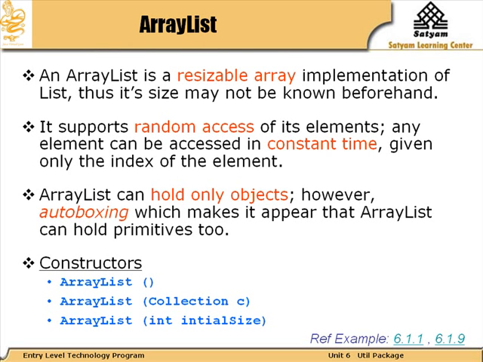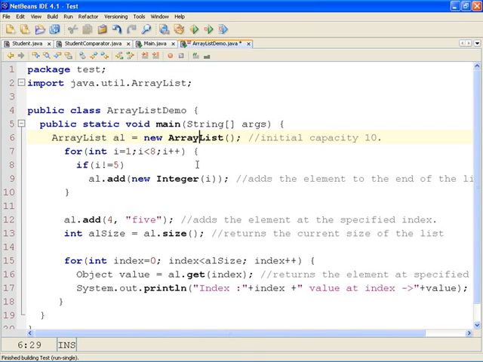Let's look at a few examples. Here is an example of an ArrayList. In this example, I am creating an object of ArrayList at line 6 using a parameterless constructor. The parameterless constructor initializes the ArrayList to an initial capacity of 10.